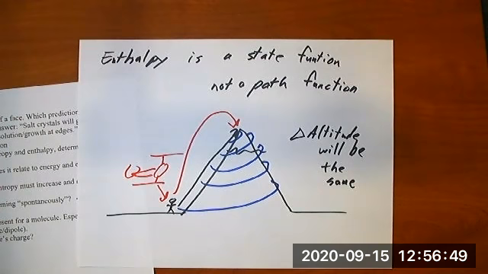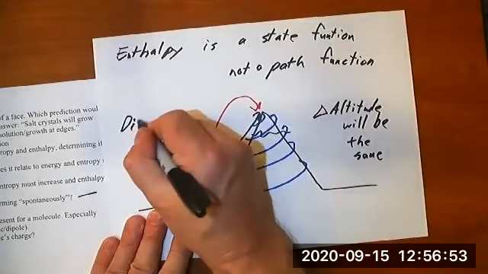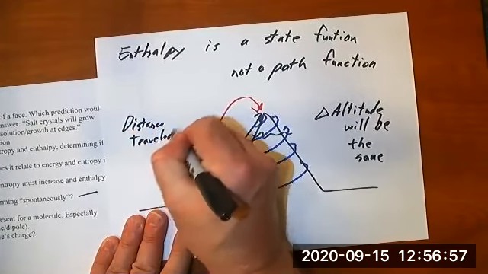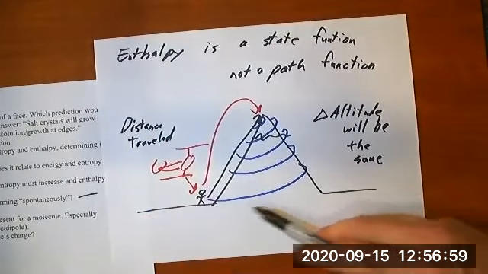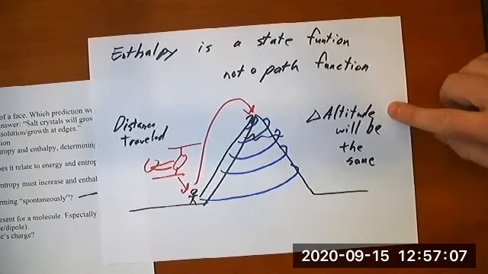A path function would be something like distance traveled. Okay, and so by each of these three methods, the hiker will have gone a different distance, but the altitude change is constant.